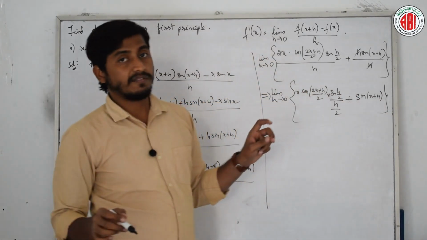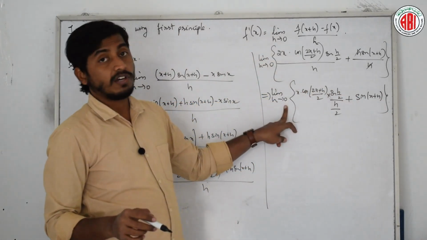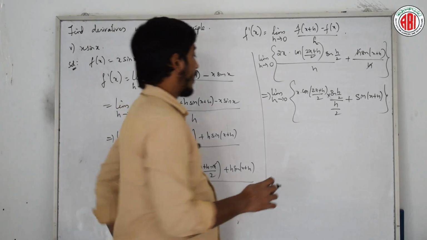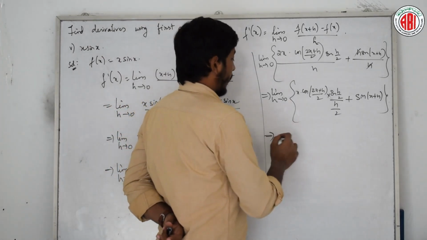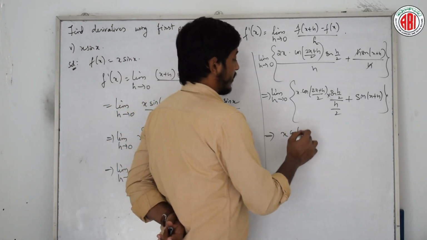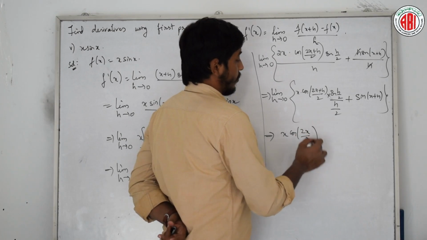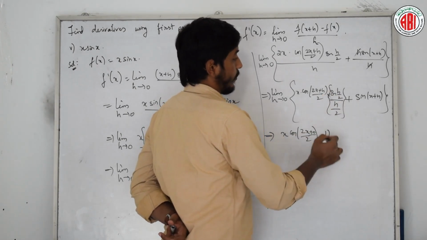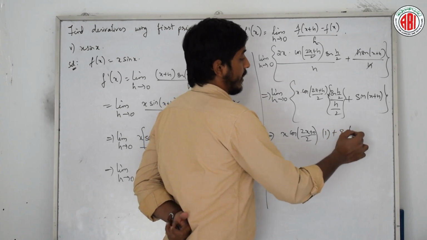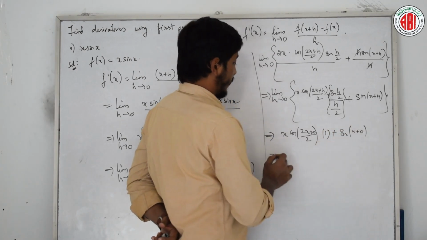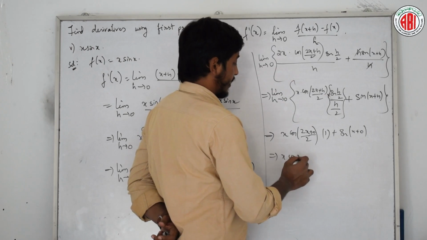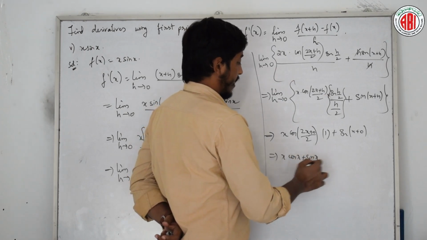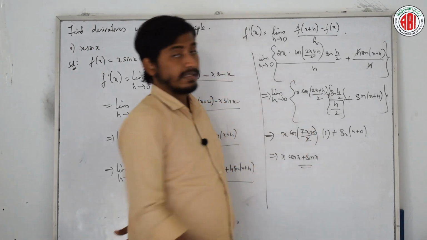For this whole function we have to apply h equal to 0. Now see here, x cos(2x/2) plus 0, this will be 1, plus sin(x+0), this will be x cos x plus sin x. Here 2 will get cancelled.